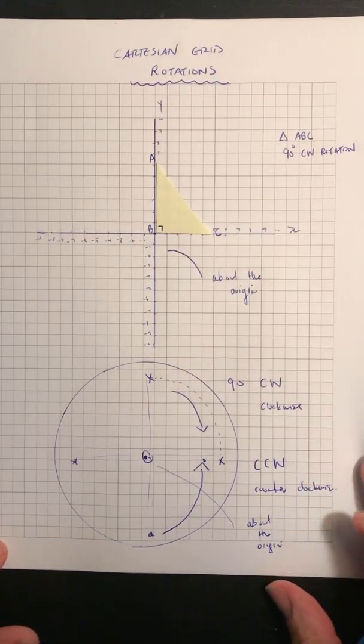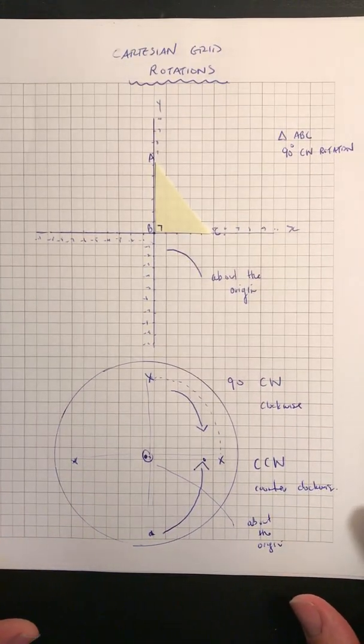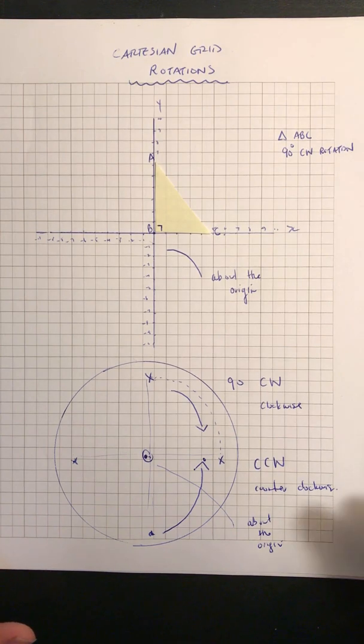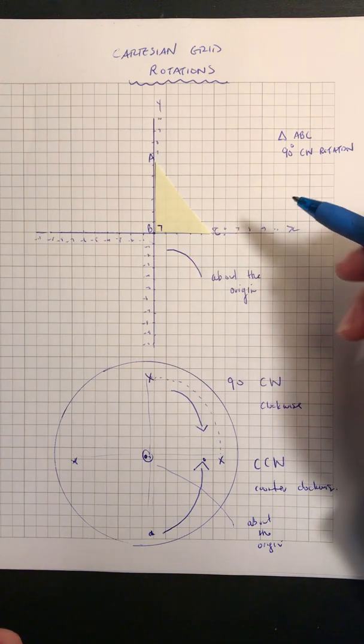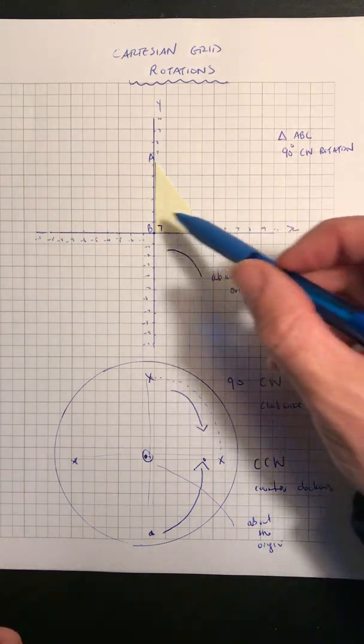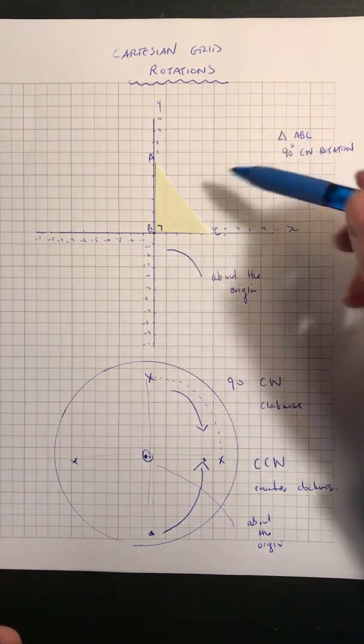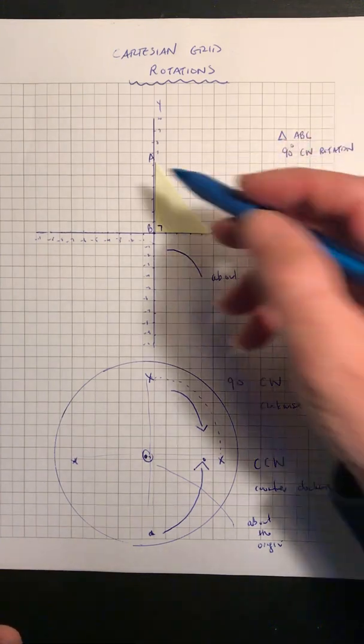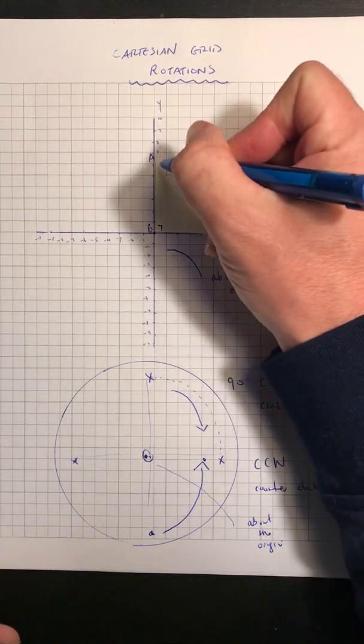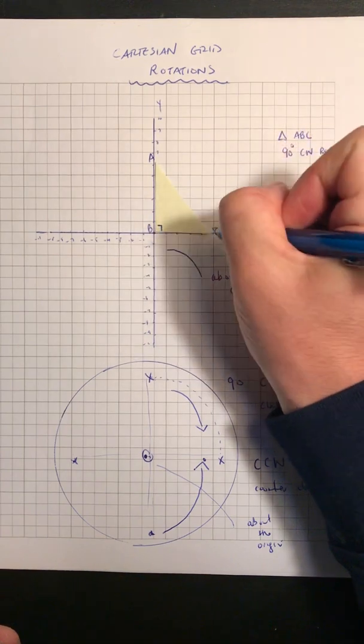Essentially, I would pick a point that is along one of the legs of the right angle to start. Don't use the points off the hypotenuse. So I wouldn't use this one, I would use this one right here.